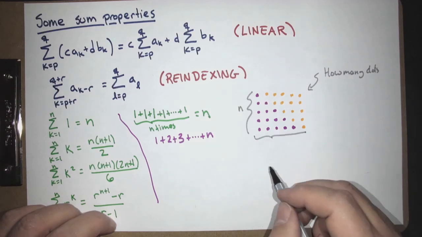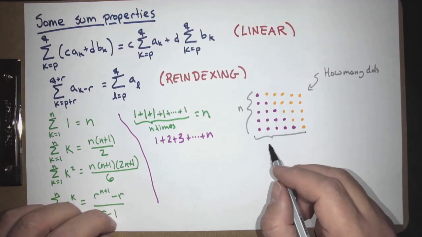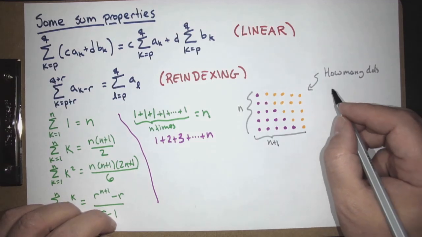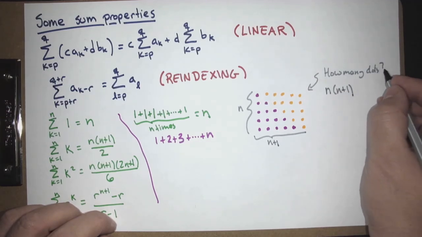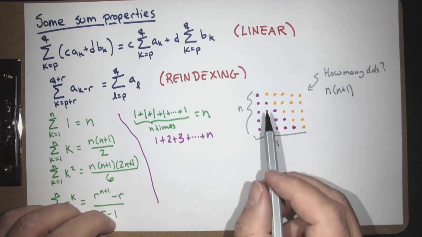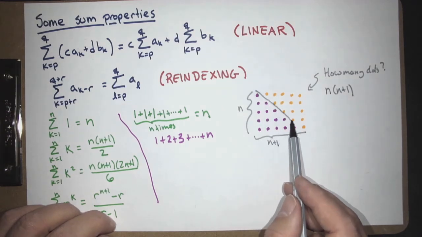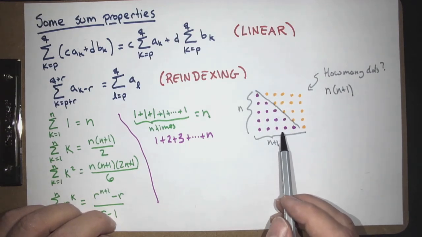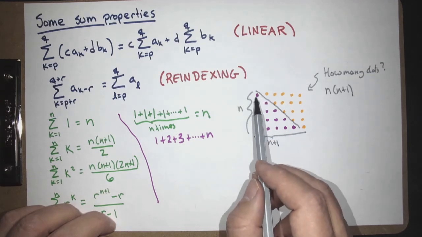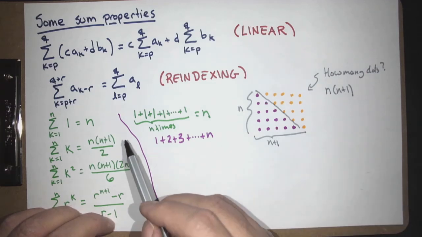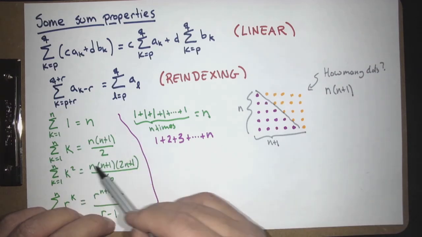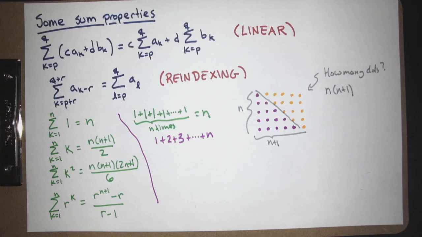How many columns? n plus 1. So the number of dots is n times n plus 1. Well, how many dots did we want to get? We want half of them. So if I just want to add 1 plus 2 plus 3 all the way to plus n, it's half of n times n plus 1, which is what this says. The sum of the first n numbers is n times n plus 1 over 2. Okay, so that's the reason why that's true.